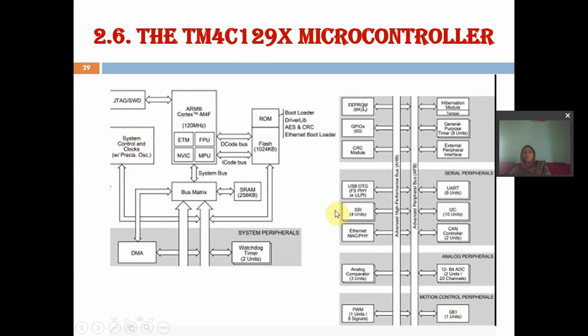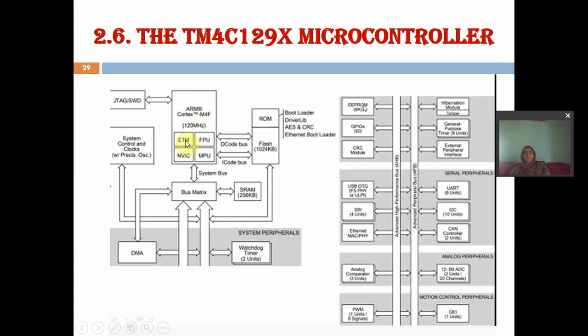We have 2 buses, the advanced high performance bus and the advanced peripheral bus. Through these buses we have connected all the blocks, system peripherals, communication peripherals, analog peripherals and motion control peripherals, to our processor.